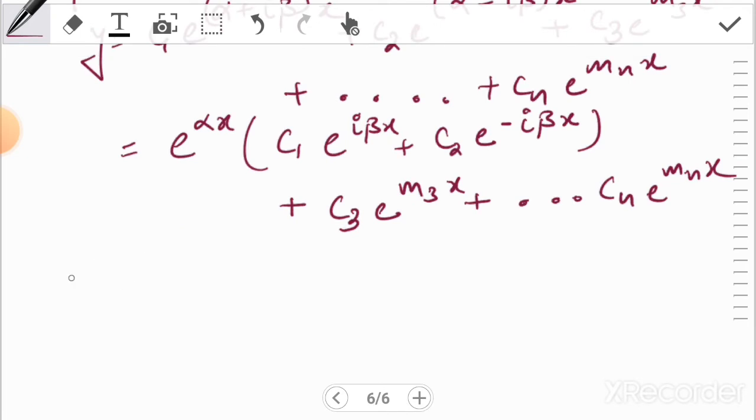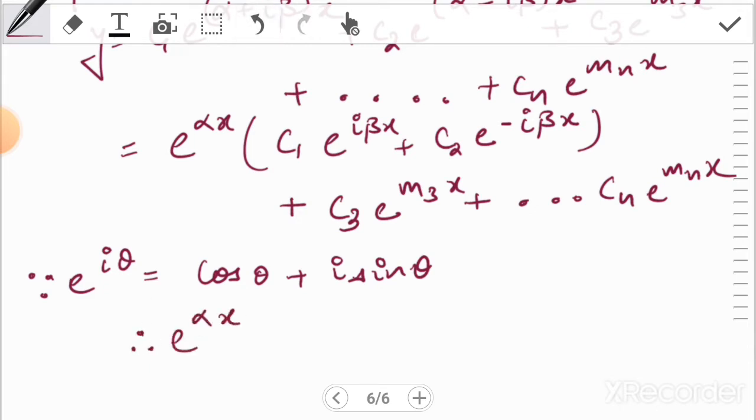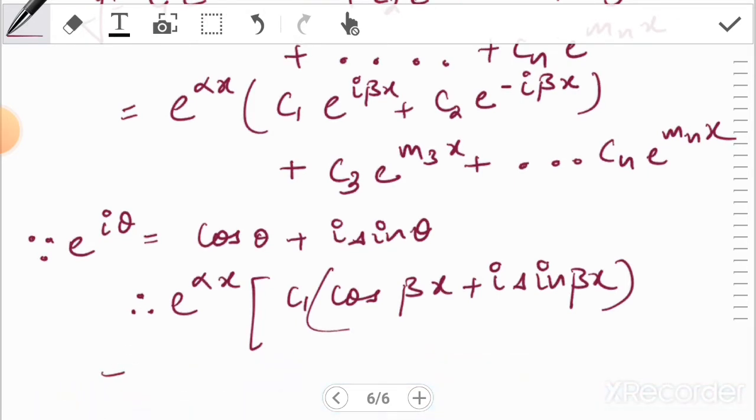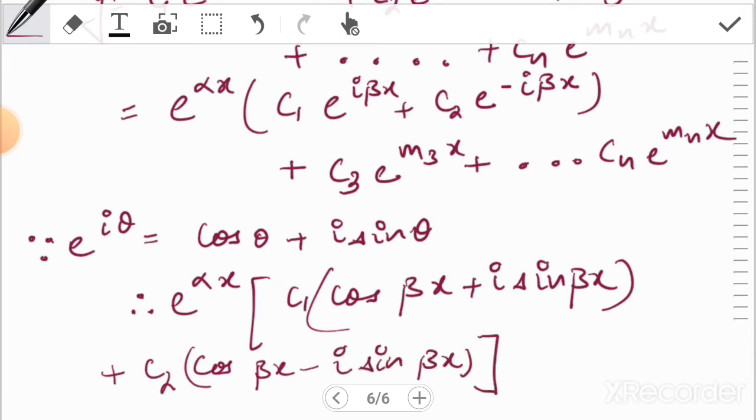Again, by Euler's theorem, we know that e raised to the power i theta is equal to cos theta plus i sin theta, so we have e raised to the power alpha x times c1 (cos beta x plus i sin beta x) plus c2 (cos beta x minus i sin beta x) plus c3 e raised to the power m3x, okay.